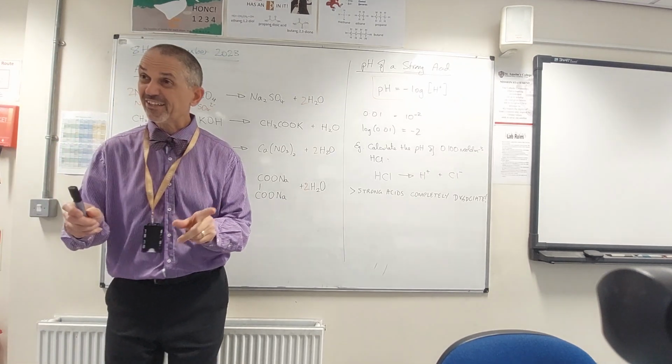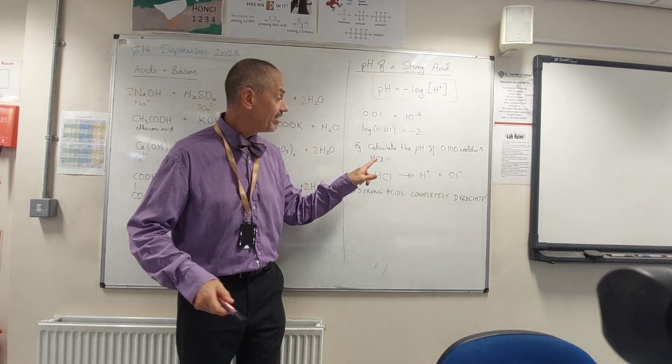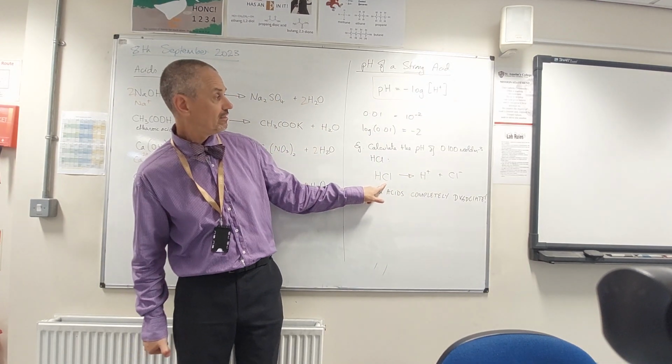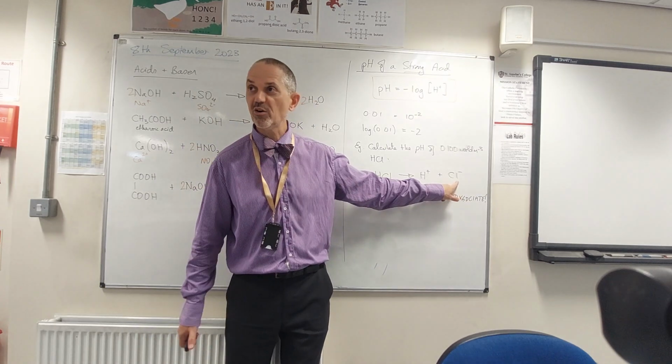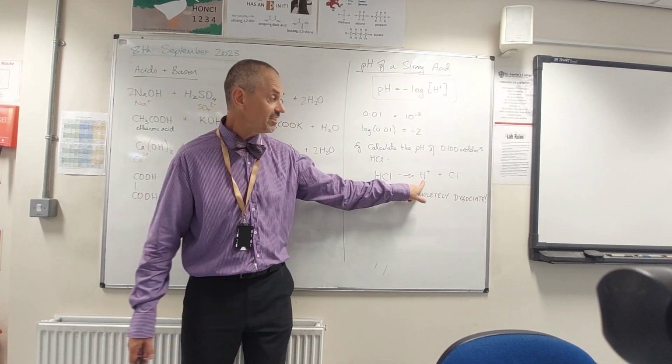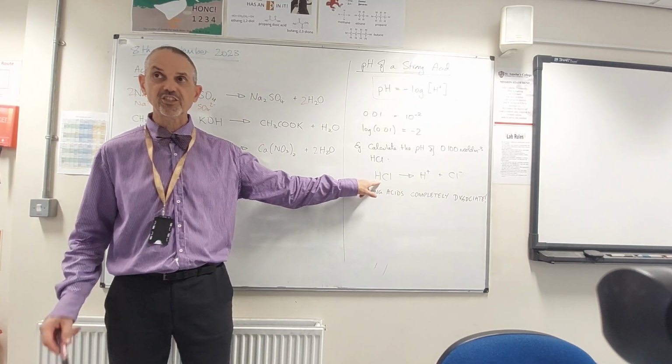Now, that makes our calculation very easy. If all of the HCl's turn into H pluses, then if I had 0.1 mole of that, it'll break down into 0.1 mole of that and 0.1 mole of that. So in this case, the concentration of H plus is exactly the same as the concentration of the acid.